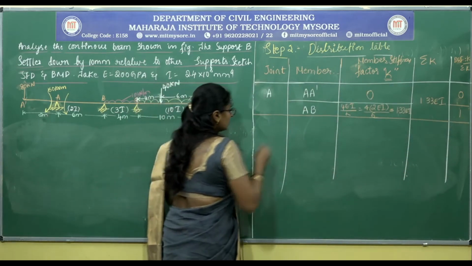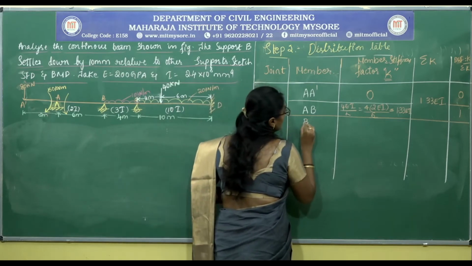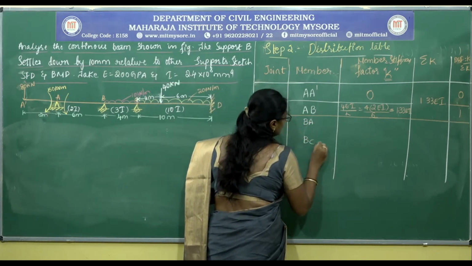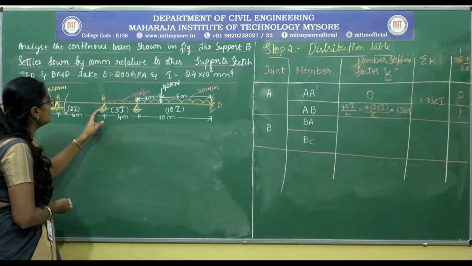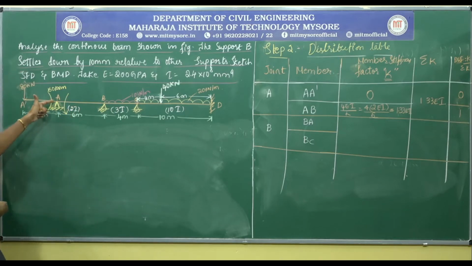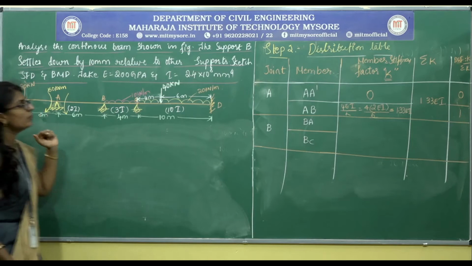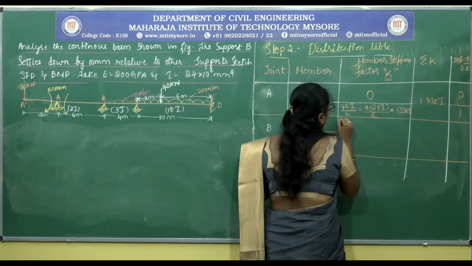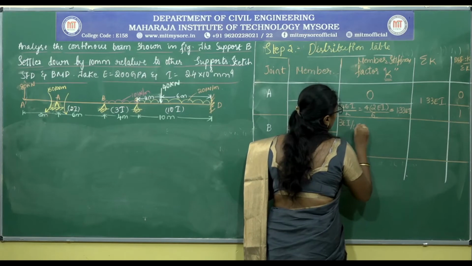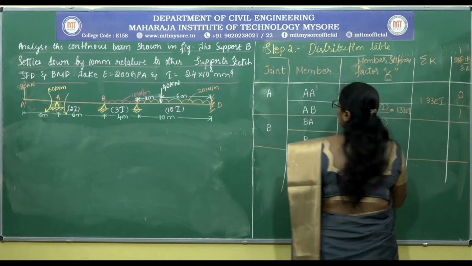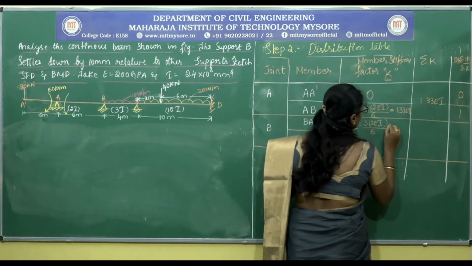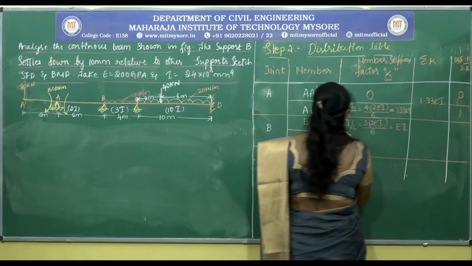Next, for joint B, we have two spans, BA and BC. So for span BA, B is the near end and A is the far end. So when you consider this far end, this support A is not a continuous end, whereas it is the end support. Since the end support is hinged, we consider the stiffness value as 3EI by L, which is equal to 3 into 2EI divided by 6 meters, that is equal to just EI.